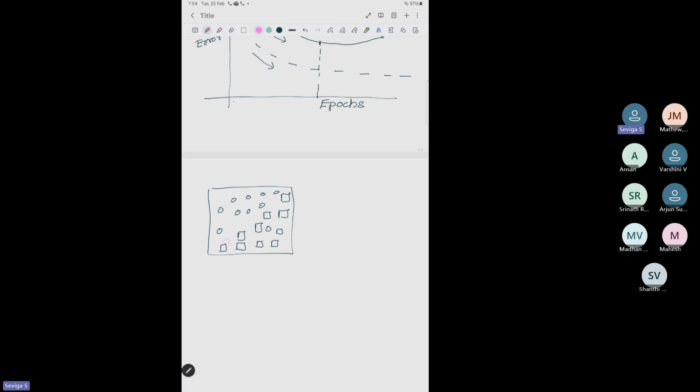If you look at this example, we want to separate the data. It has both circular data points and square data points.